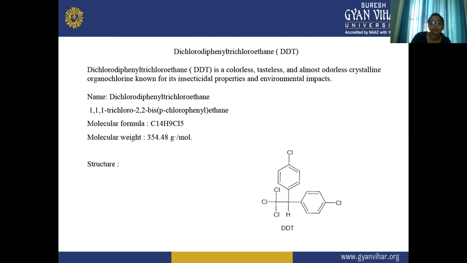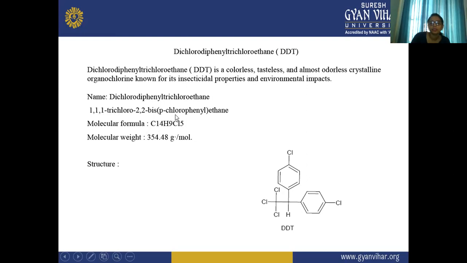So the name of DDT is diphenyl trichloroethane, and the IUPAC name of DDT is 1,1,1-trichloro-2,2-bis p-chlorophenylethane. According to the IUPAC, 1,1,1-trichloro is present on the first carbon of this ethane, with position 1,1,1 written and trichloro because 3 chlorines are there.